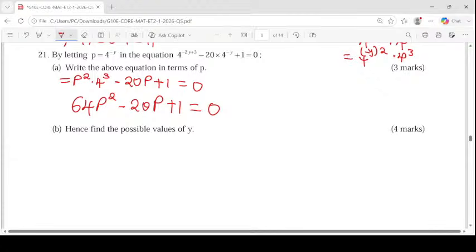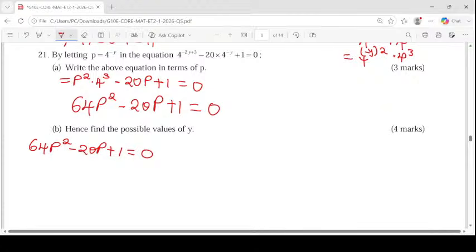To get the possible values of y, we need to solve this equation. So when you have 64p squared minus 20p plus 1 is equals to 0. Let us see, the sum is negative 20 and the product is 64. Are we able to get the numbers?